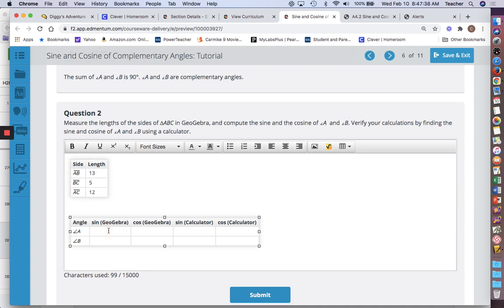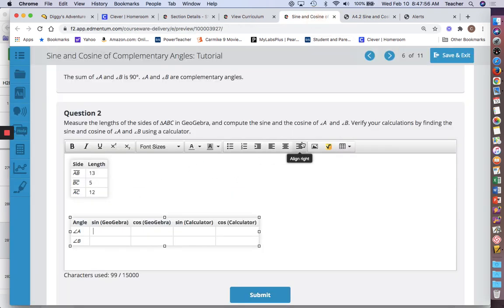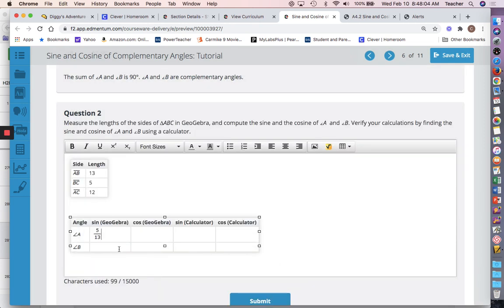All right, so we need to find the sine of angle A. Well, the sine of angle A, here's angle A, is your opposite over your hypotenuse. Remember, Oscar had. So it's going to be 5 over 13. Now, ACT is going to want that as a fraction, so I'm going to keep it as a fraction. 5 over 13.